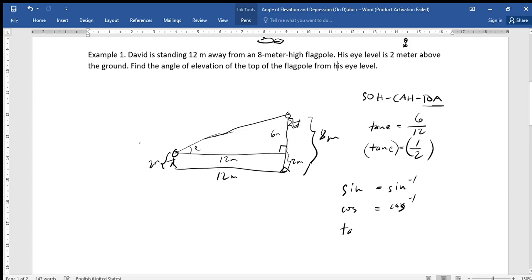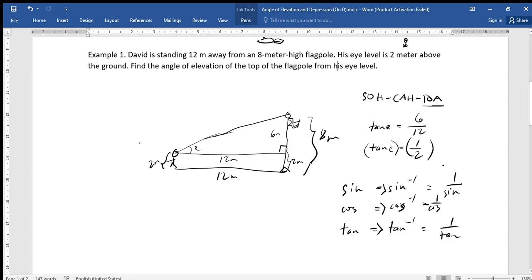Tapos si tan naman, ang kanyang reciprocal is tan raised to negative 1. Kasi yung ito po, hindi yan equal. Okay? Kasi ito po, equal to sa 1 over sine. Ito naman, equal po to sa 1 over cosine. At ito din ay equal sa 1 over tan or tangent. Okay po?